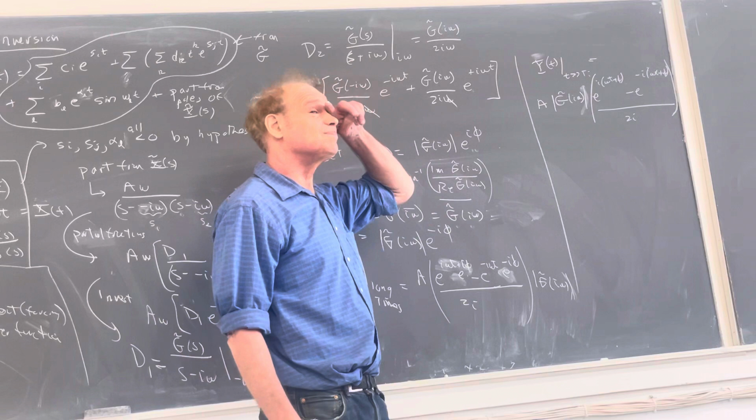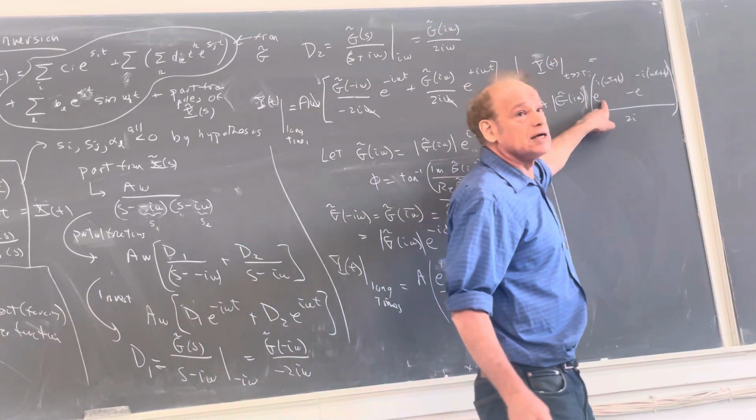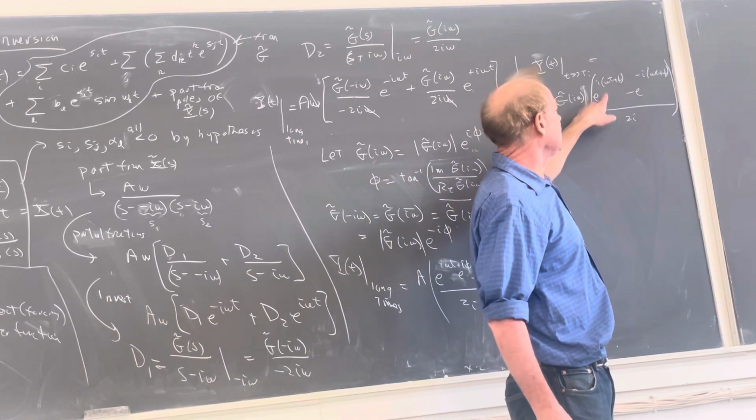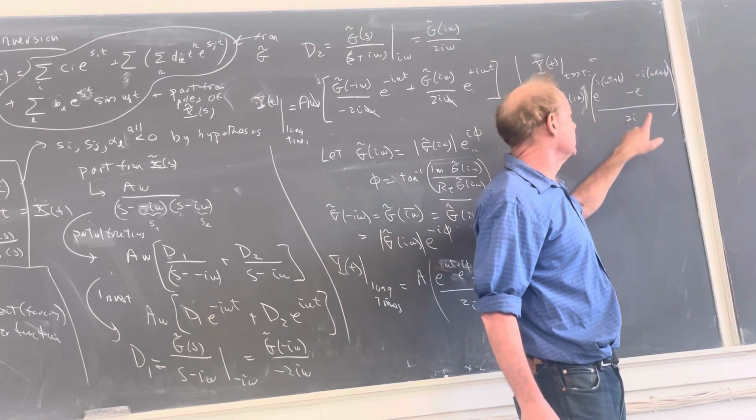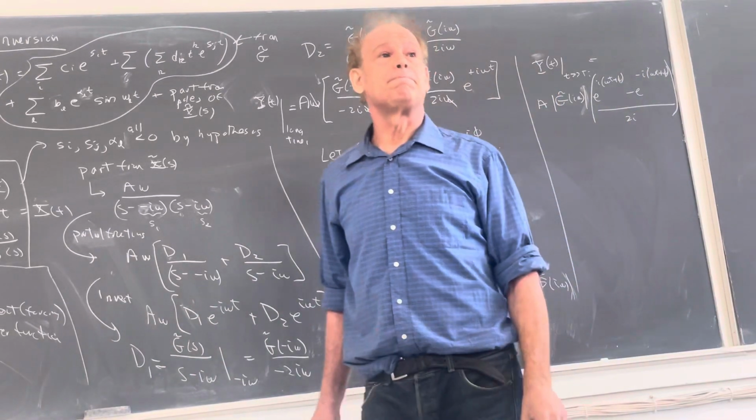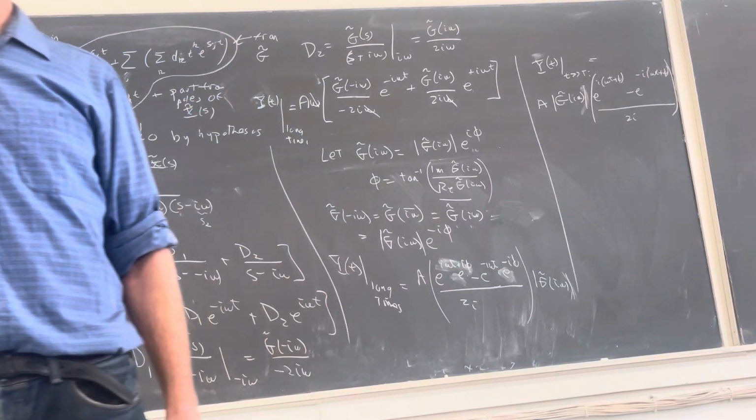Let's just rewrite this. Does anyone recognize this from a previous class? e to the i something minus e to the minus i something over 2i. What is that from a previous class?